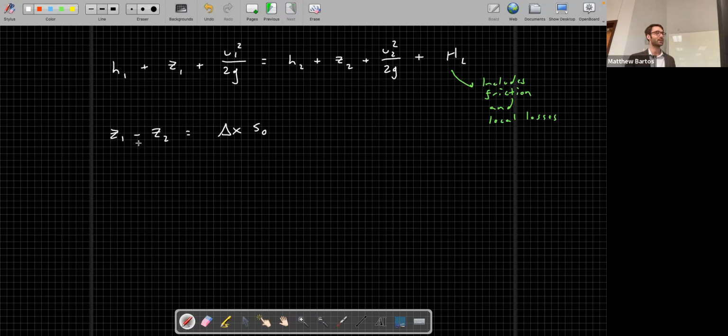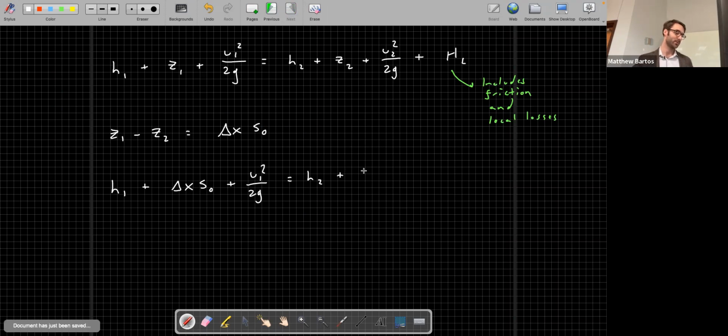So we can subtract Z2 from both sides, and what we end up with is H1 plus delta X times S naught plus U1 squared over 2G is equal to H2 plus U2 squared over 2G plus HL.